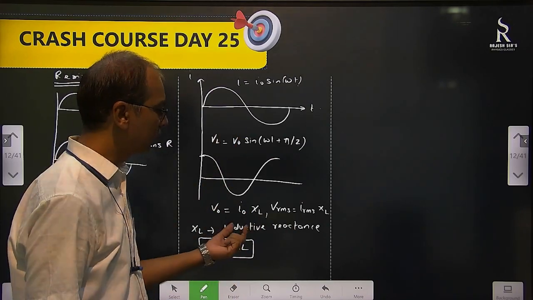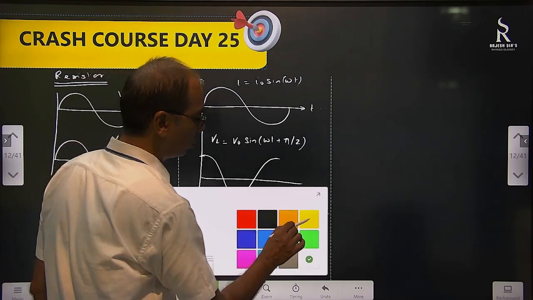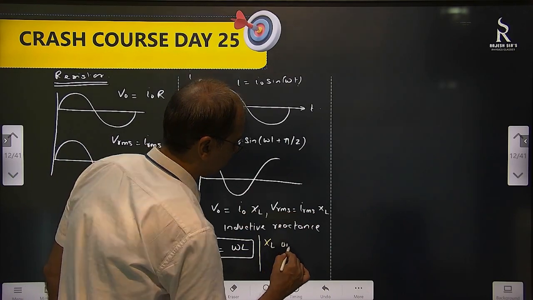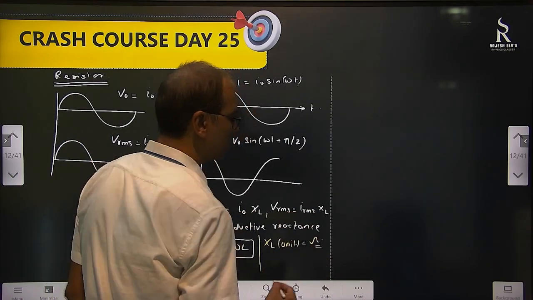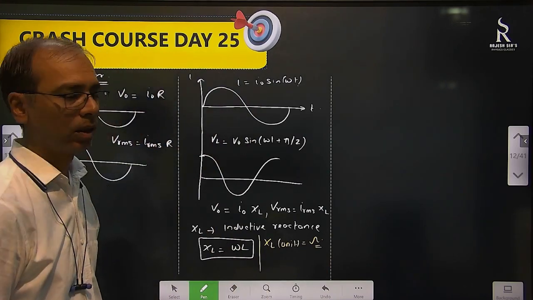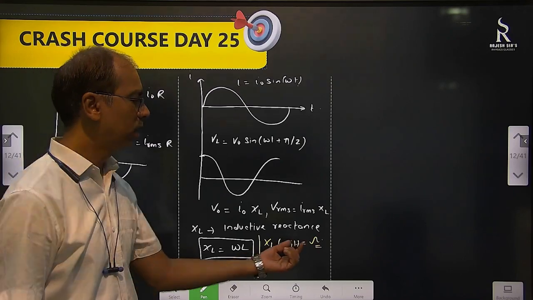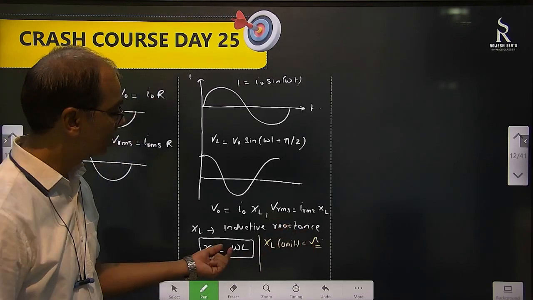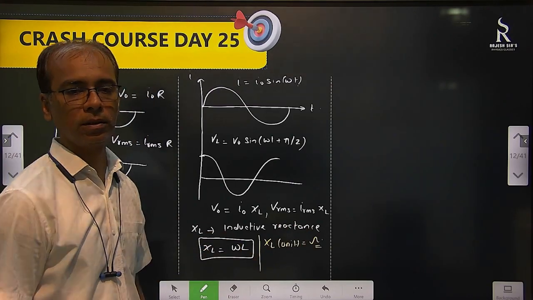What is the unit of XL? Ohm. The unit of XL is also ohm only, because this is also offering resistance to current, and resistance to current we measure in ohm. But its resistance depends on omega. If you change omega, the resistance changes.